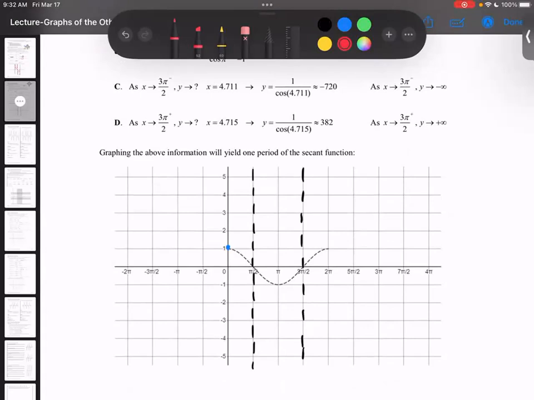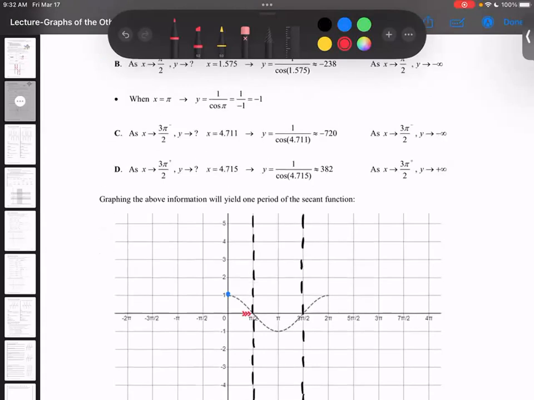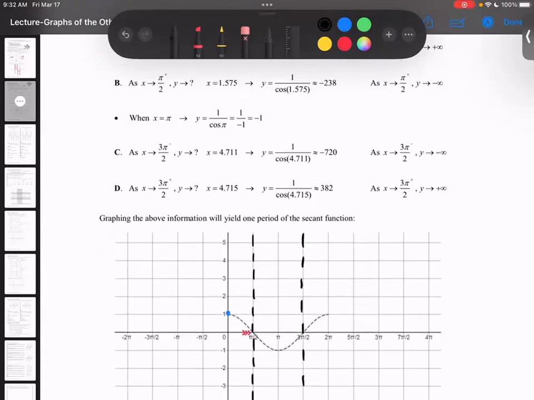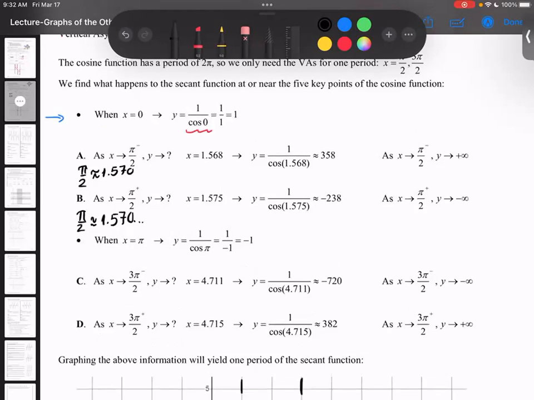Say if I approach pi half from the left, let me tell you what pi half equals. Pi half is roughly 1.570, etc. So if you want to pick something slightly smaller than that, say 1.568, you plug it in and use your calculator.